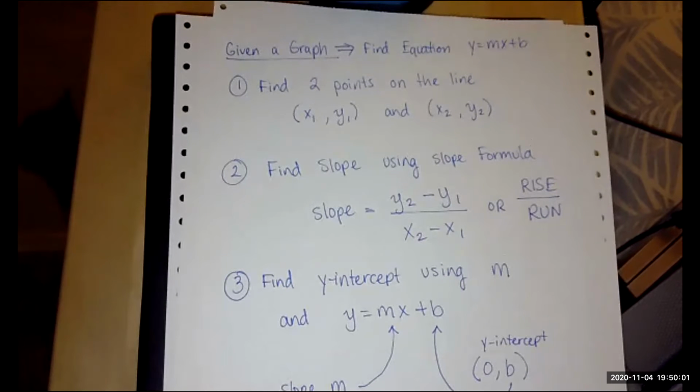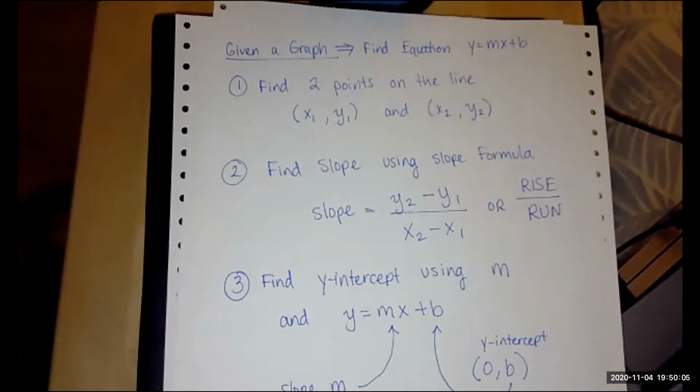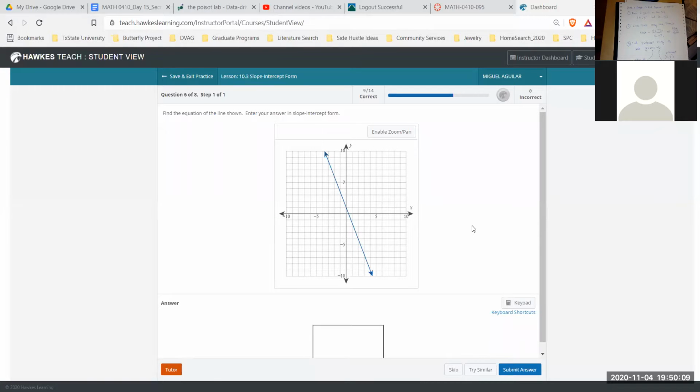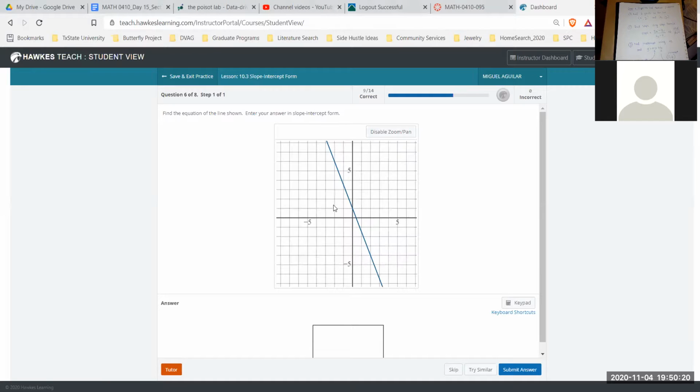Okay, so let's take a look at that problem that we have here in Hawks. So the thing that I recommend here is first we want to find the 2 points, right?